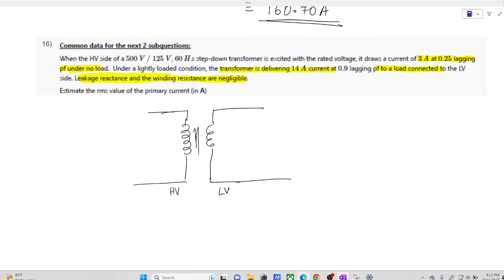At the low voltage side, the transformer is delivering 14 ampere at 0.9 lag. So what is the angle? If I ask what is the angle, it is cos inverse.